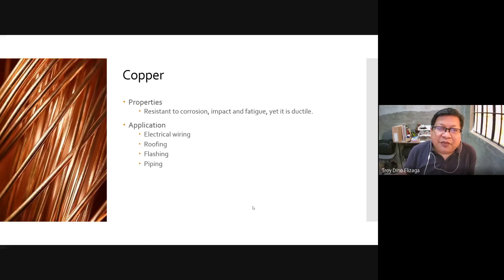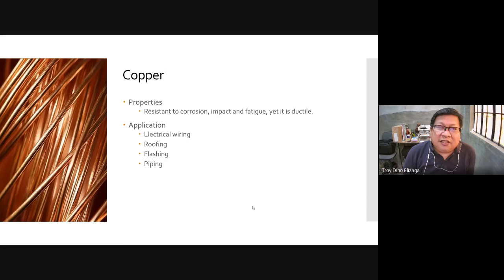And copper is also very, very popular before as pipes, no? Especially to carry hot water. So if you have a hot water system, normally copper pipes are used because they're good insulation of heat.